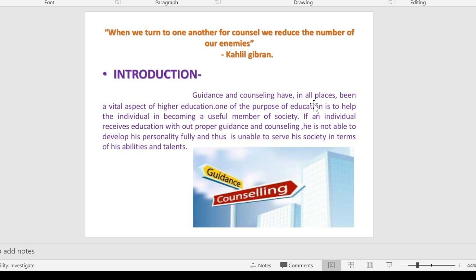When you get some information through somebody in a completely target oriented way, that is called counseling, and when you give some general suggestions, that is called guidance. Guidance means you are giving some suggestions on the pathway, whereas counseling is always target oriented. It gives important solutions to so many problems.